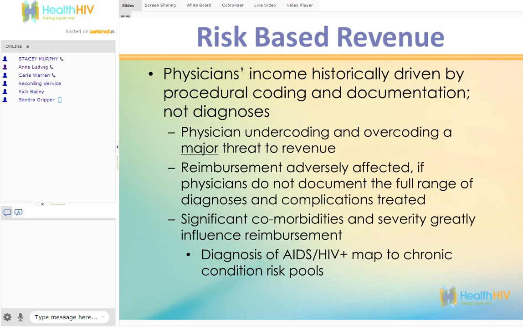And so it's very important that when your physicians in your practices are treating the patients, that they report all of the diagnoses that reflect the care that they're providing. Because reimbursement has shifted to incorporate diagnoses and how sick the patients are and how well the care is being managed. And more importantly, the diagnosis codes for AIDS and HIV positive map to those chronic condition risk pools. And it's important that you make sure that you're capturing all of that.